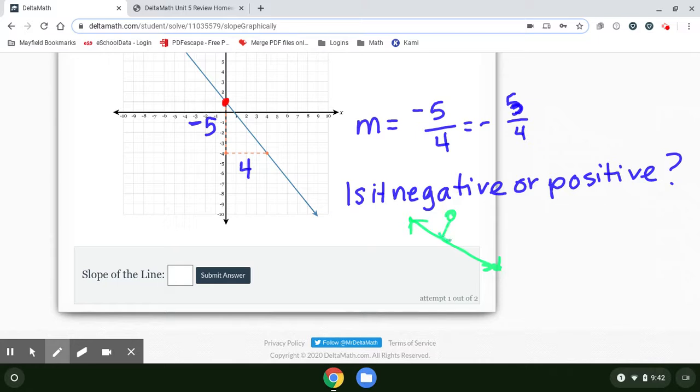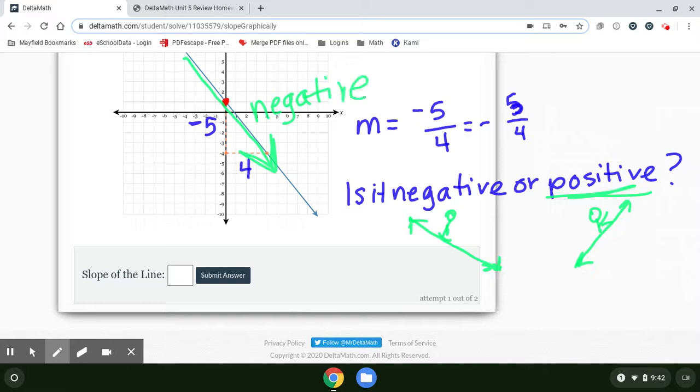Remember, it's like a skier going down. A positive is uphill from left to right, so you're hiking upward. If I look at my line, it is definitely going downhill, so my slope has to be negative.